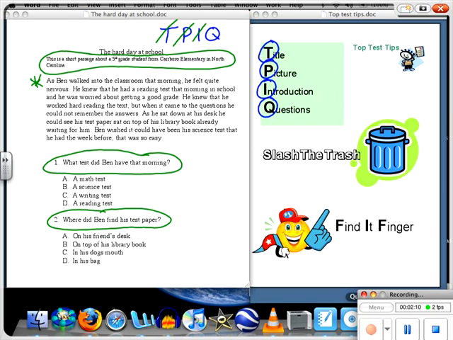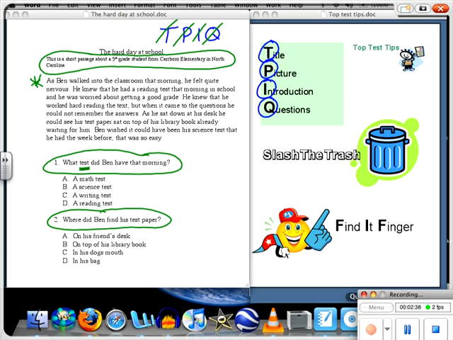For example, on question 1, what test did Ben have that morning? They might not remember any of that, but they might remember the word test. So when they come across the word test in the text, they'll think, oh, I've got to pay particular attention here because that could be one of my questions. Okay, so I've read my questions, so I've slashed that off.